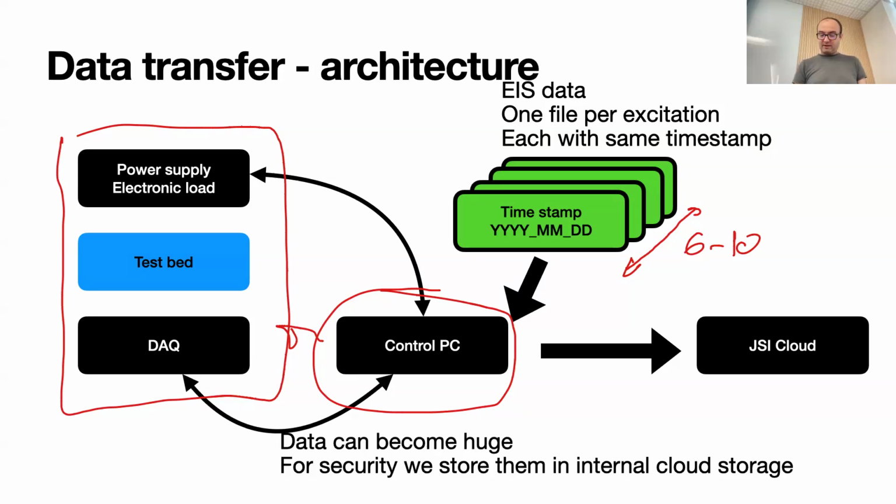These files contain time domain data of the excitation unit plus the output of the fuel cell. So in essence, there are 21 channels of data sampled at 20 kilohertz for, let's say, 150 seconds plus.